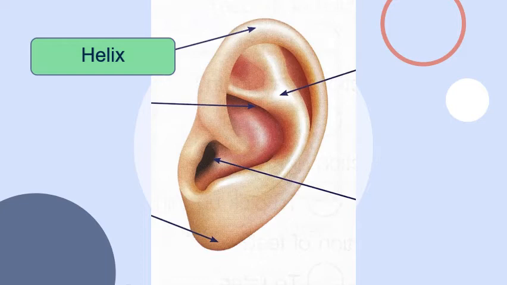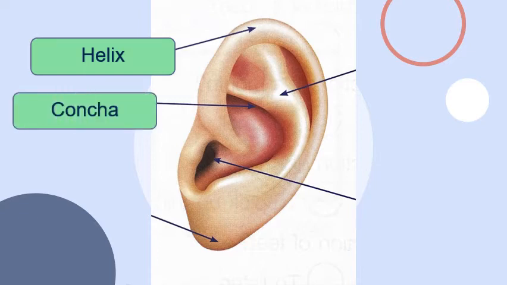Next component is concha. As you see, the spelling says concha, but the correct pronunciation is different. This is the external ear leading to its central opening. Now please try to touch your concha. Where's your concha?